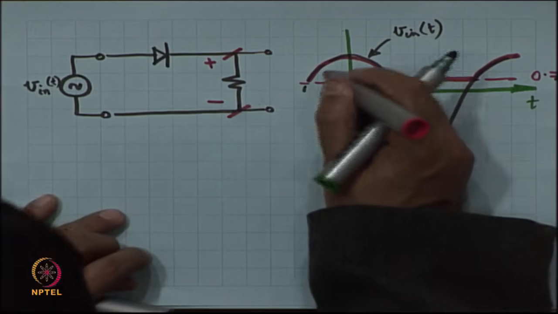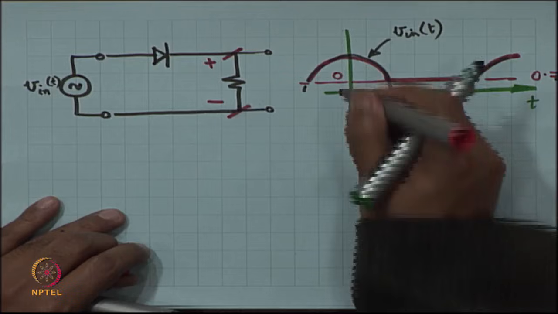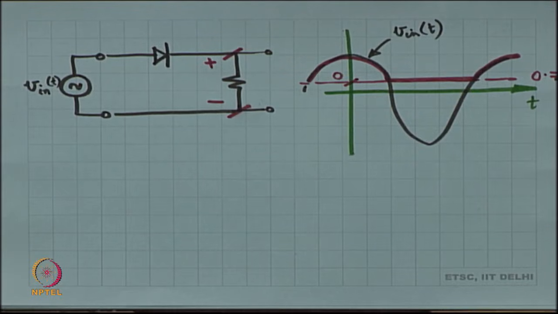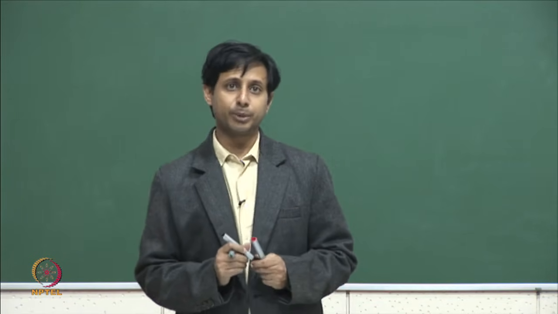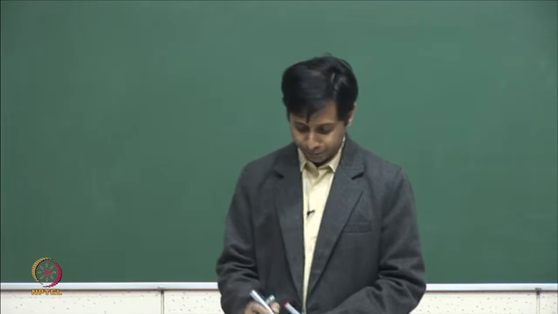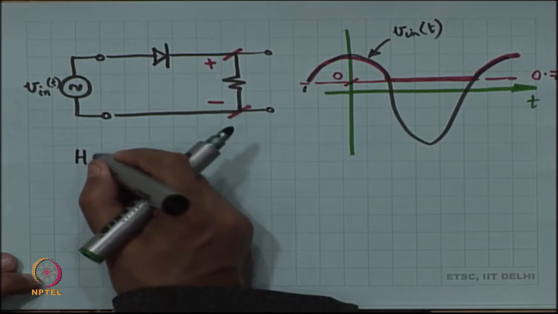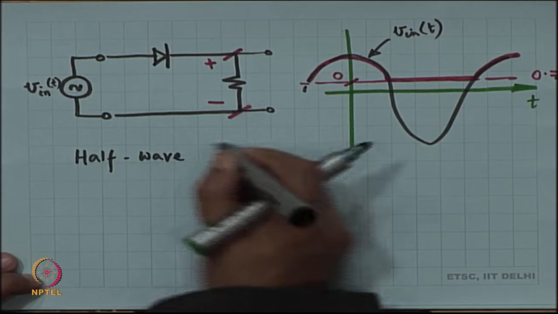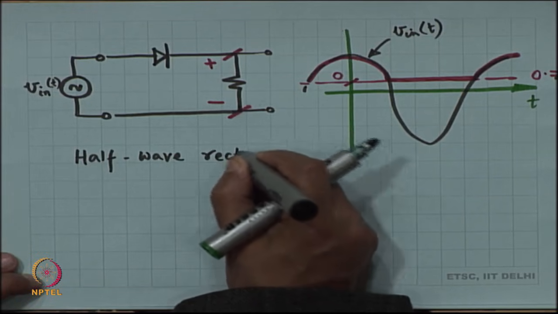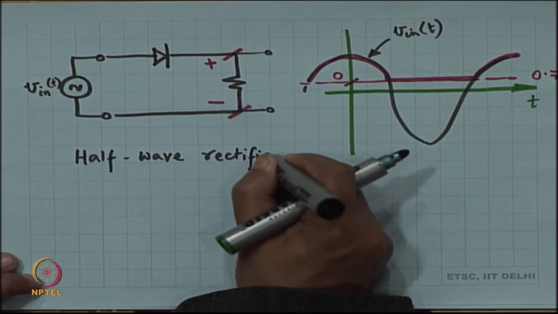So, here the 0 is over here. Any questions? I did it a little fast because you have probably studied this many times before. This is called a half wave rectifier. Great.